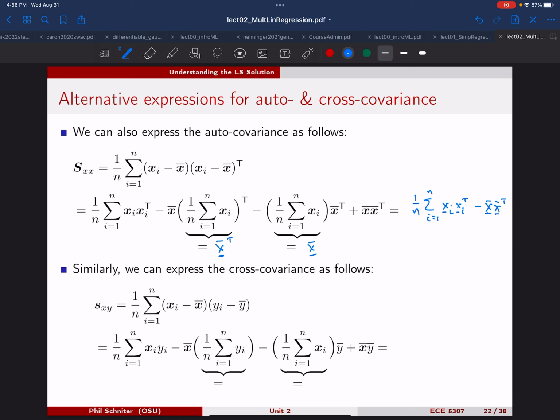The reason why this formula is convenient is because often this quantity will come up in a derivation, and now you know that you can write that quantity as the sample covariance plus the outer product. This is called an outer product of the sample means.